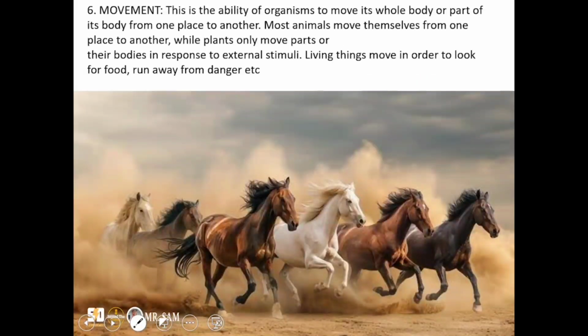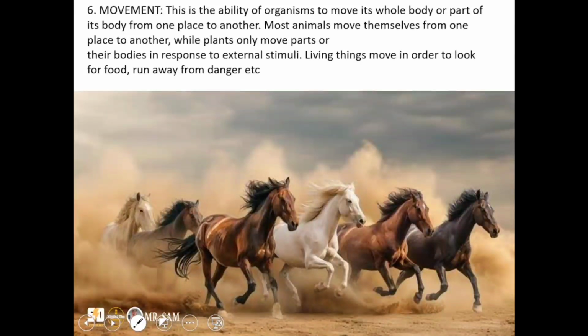Then we have movements. Every living thing moves. Maybe plants don't have physical movements where they carry their whole bodies from one point to another, but plants actually move parts of their bodies. That's why you see their branches growing and responding to the sunlight, moving towards the sun so that they can carry out photosynthesis.